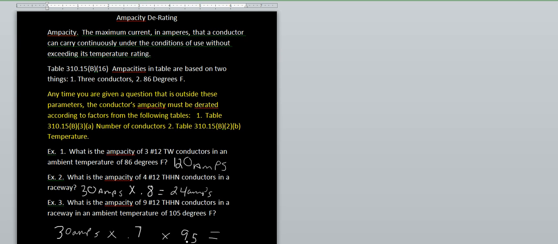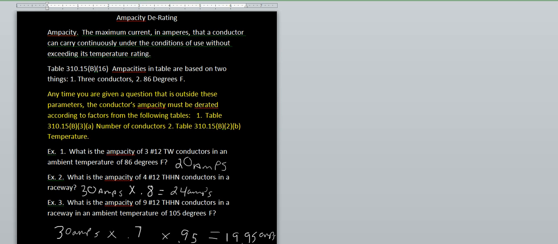You multiply those figures out: 30 amps times 0.7 times 0.95, and you get about 19.95 amps.